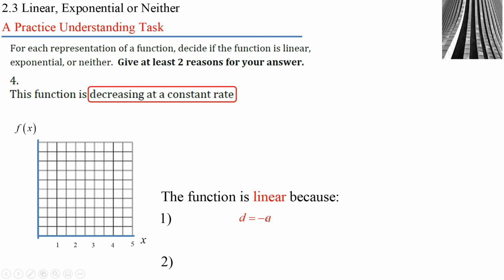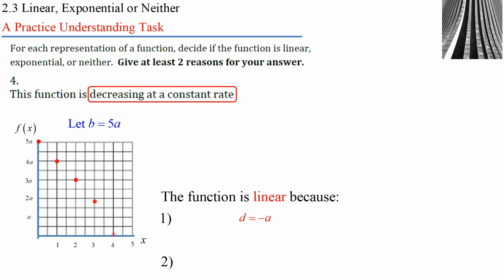Because they just gave me a constant rate but didn't tell me what that rate was, I'm going to scale my f of x axis using a's. So I'm going to do, watch this, 1a, 2a, 3a's, 4a's, and 5a's. And they also did not tell me what my y-intercept would be, so let's just let b equal 5a. So that means my y-intercept is 5a, right there.